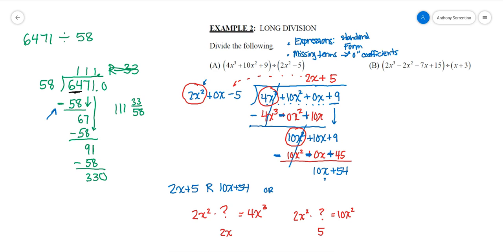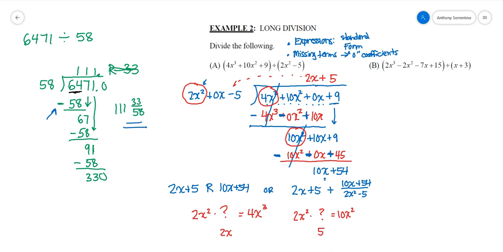Another way I could state this answer, depending on the circumstance, and what we'll use more so as we get into talking about rational functions, is I could say that the answer would be 2x plus 5 plus 10x plus 54 over 2x squared minus 5.